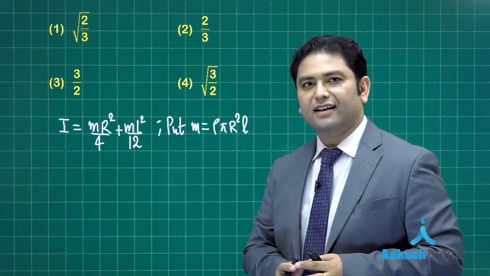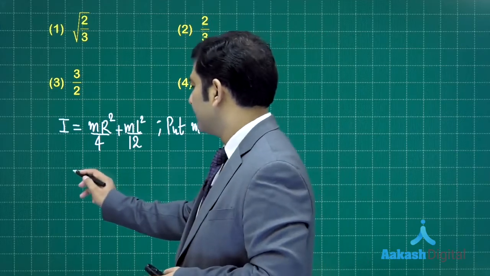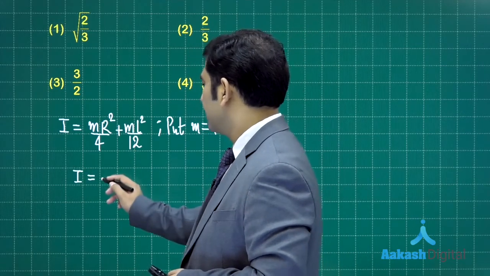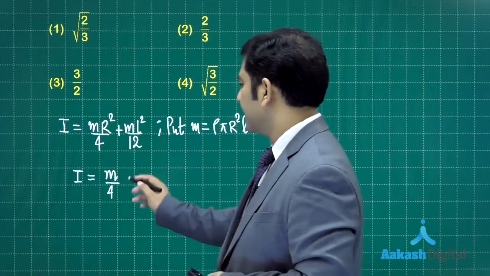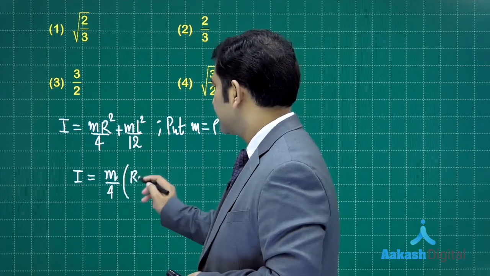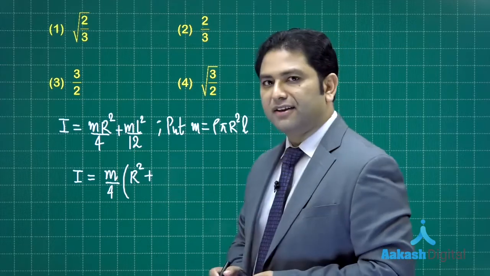That will be a fair idea. Starting with this, the moment of inertia is going to be m by 4, a constant I can bring outside, times r square plus L square by 3.